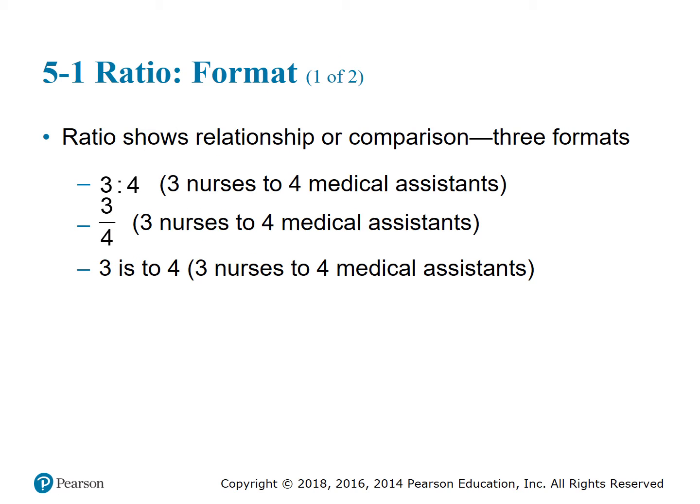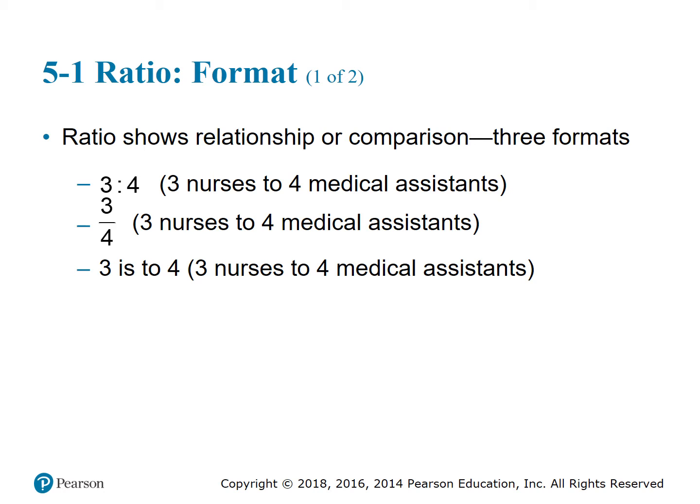So a ratio is used to show a relationship between two numbers or a comparison of two items. The numbers are separated by a colon, like you see here, as in 3 to 4. 3 nurses to 4 medical students or medical assistants, for example.